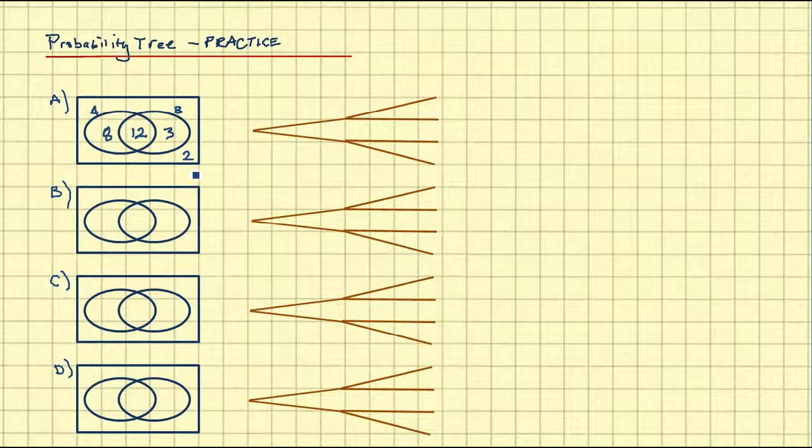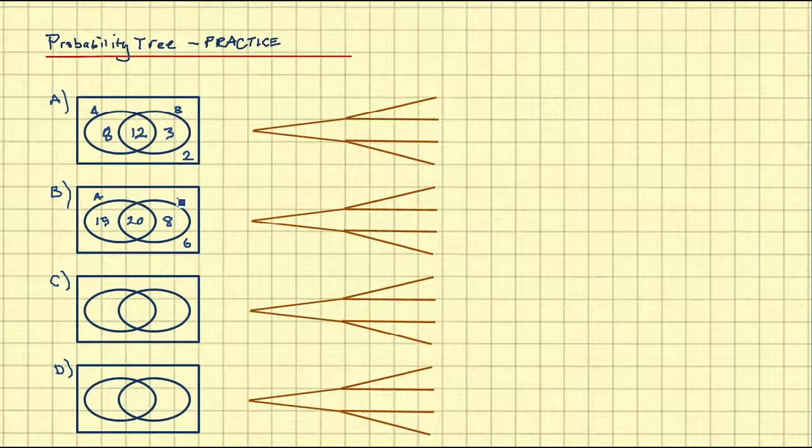Our second one, let's have 15, 20, 8 and 6.